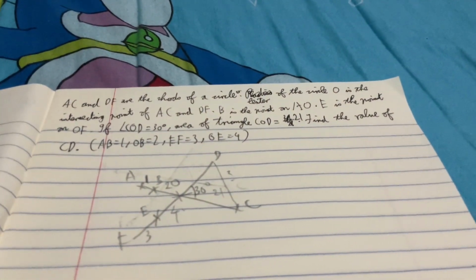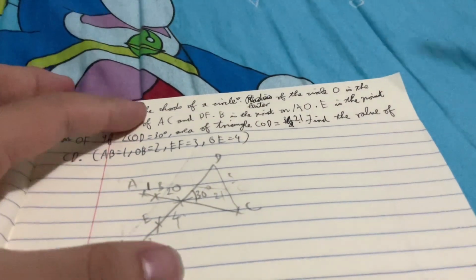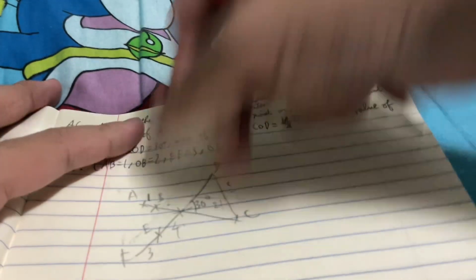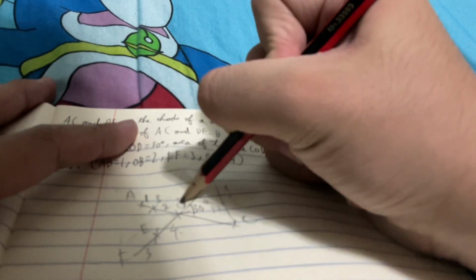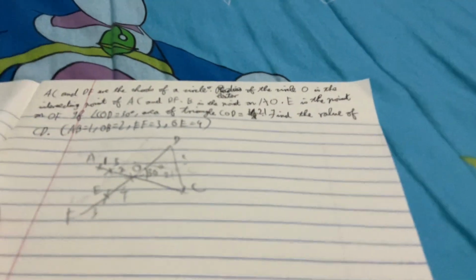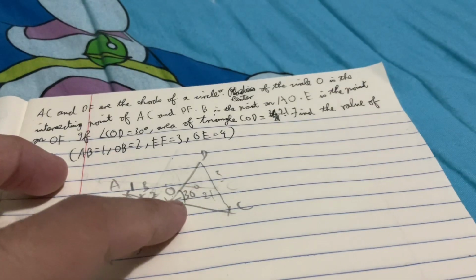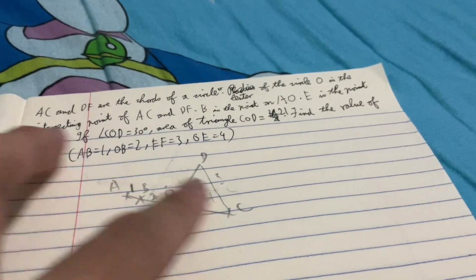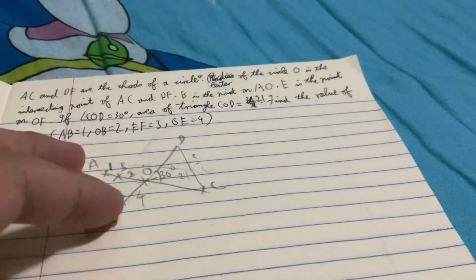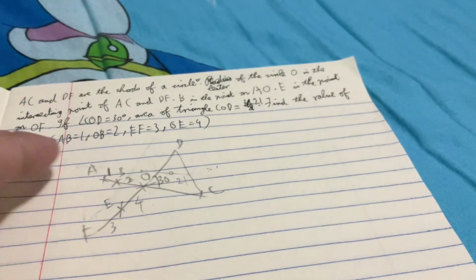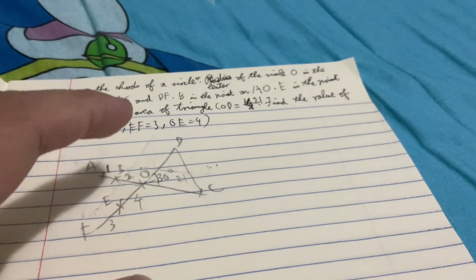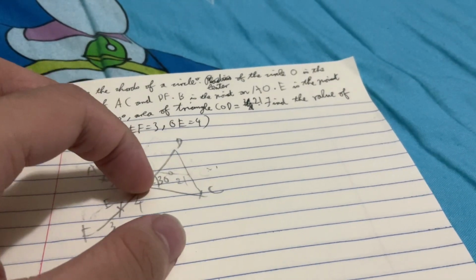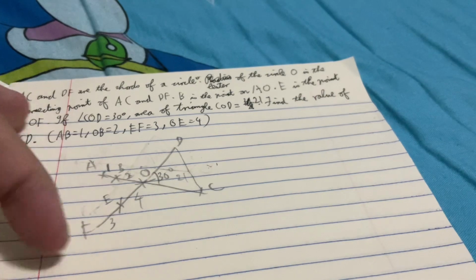Here I'm going to write clearly, 2 and O here. This point is O. Because we have an intersecting point here and two chords, we can use our intersecting chords theorem. So the length of AO times the length of OC is equal to the length of OD times the length of OF.